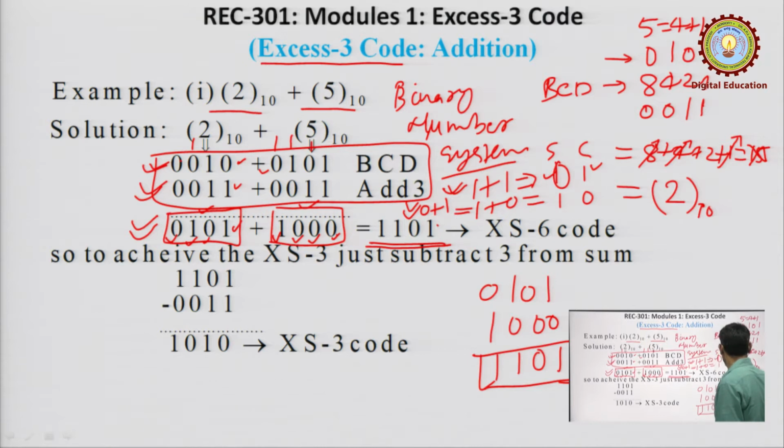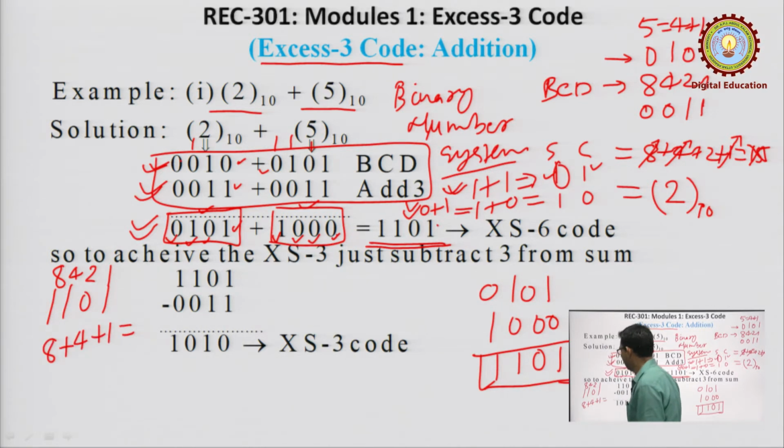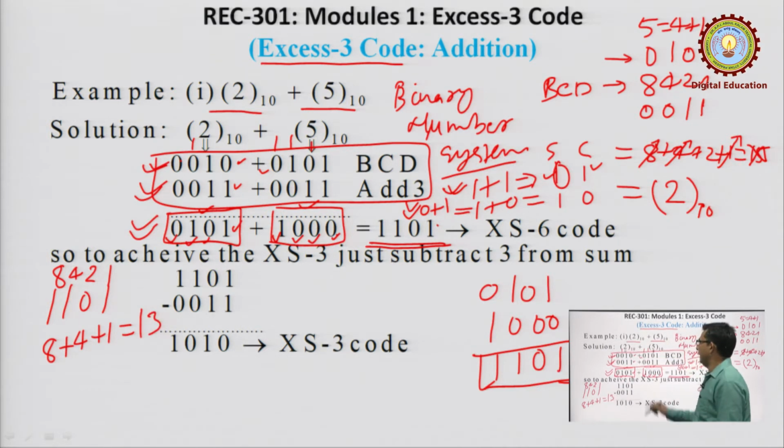So, this is 1101 and this is 8421. So, from here we can see 8 plus 4 plus 1 is equal to how much? 13. Okay. While we know 2 plus 5 in the decimal number system is 7.